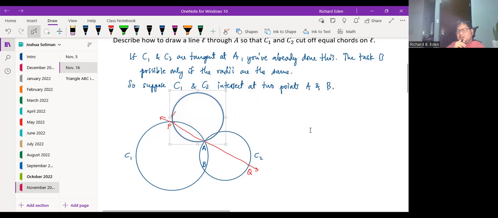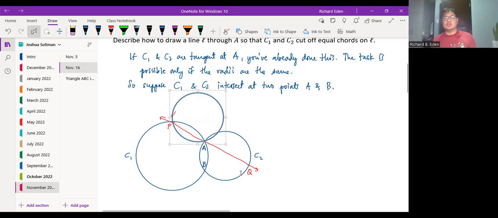This is the sort of backwards work that tells us how to determine points P and Q.